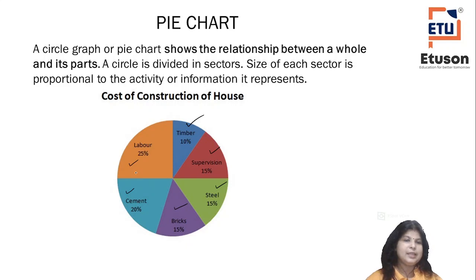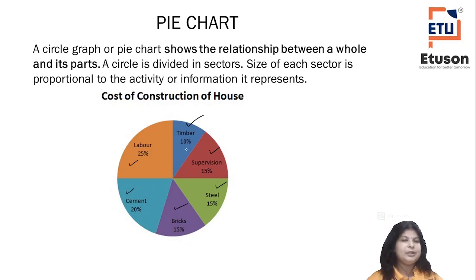As you can see, each and every category is represented in terms of a sector, and the angle subtended is dependent on the proportion of that category.